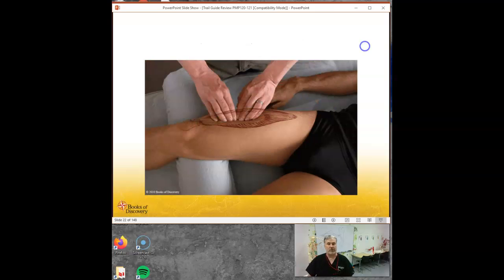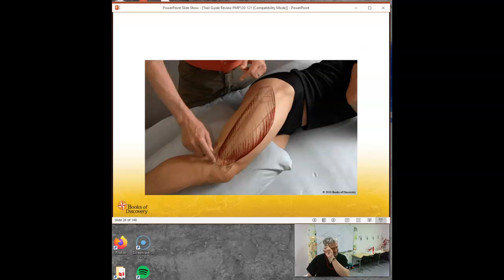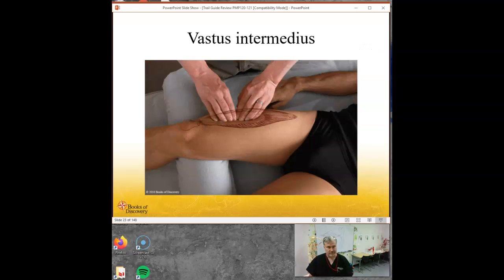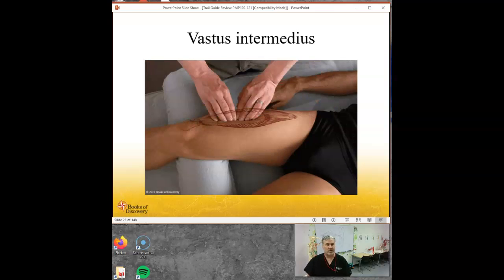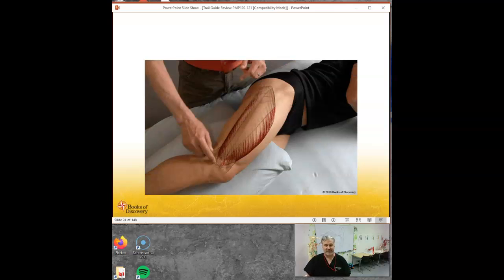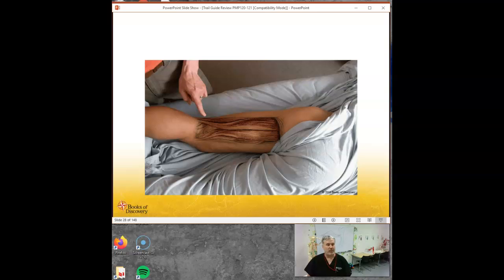Oh, Miss Sarno. Hi, Miss Sarno. What muscle is this? Rectus femoris. Yes, you are right. Good job. What muscle is this? Vastus lateralis. Beautiful. Yes. What muscles are these?